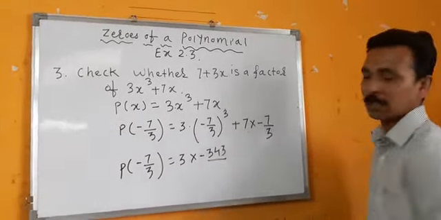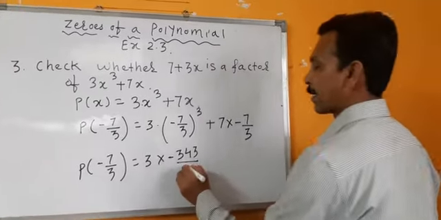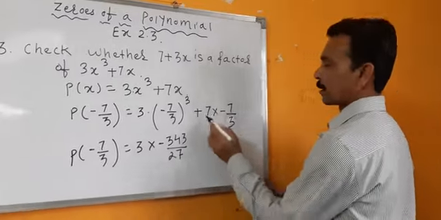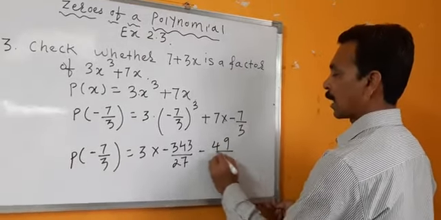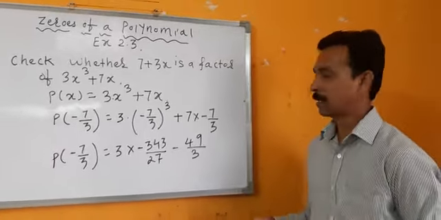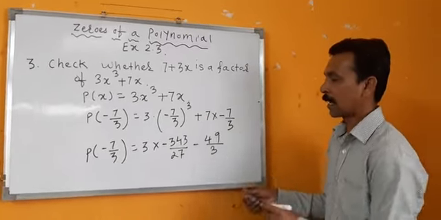And 3 cube means 27, 3 into 3 into 3. Plus 7 into minus 7 is minus 49 upon 3, because plus into minus is minus.